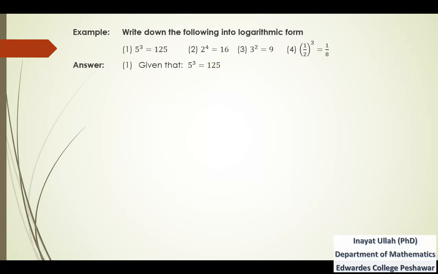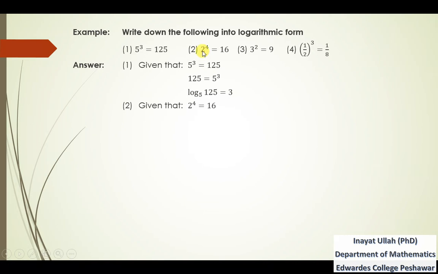Rearranging this equation, write 125 on left side and 5 cube on right side, and now convert this equation into logarithmic form. Write log with 125, and the base, is equal to leaving this power towards right side. So log to the base 5, 125 is equal to 3.